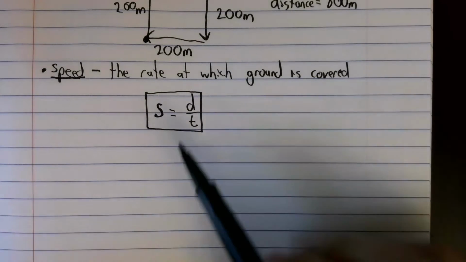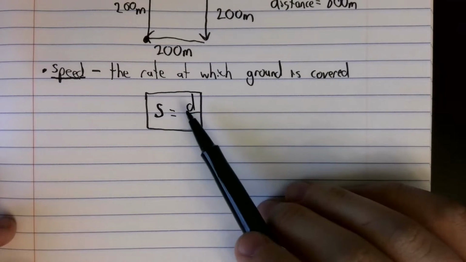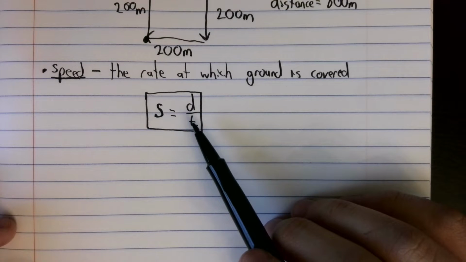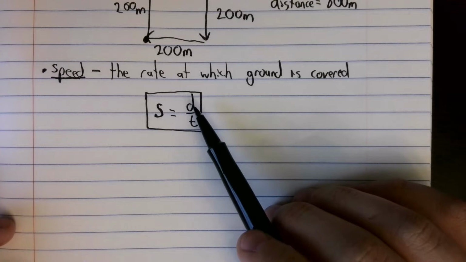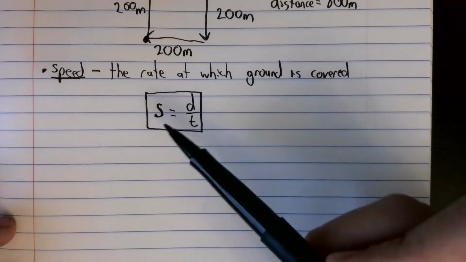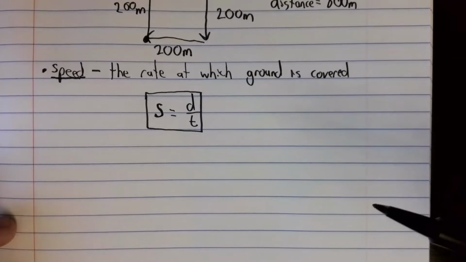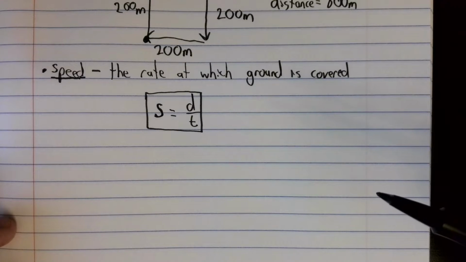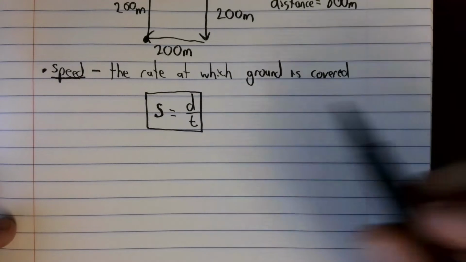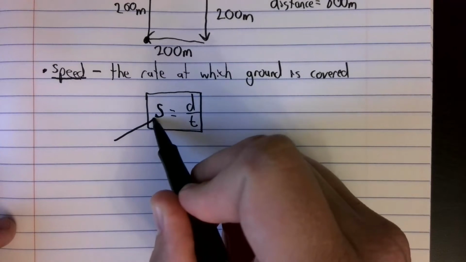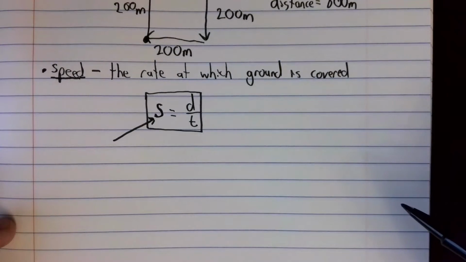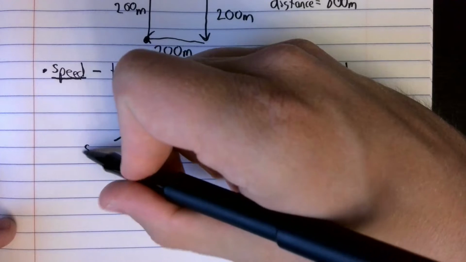Google Maps uses this equation to figure out how soon you'll get to a location. It figures out how far you need to go, and I think they're using an estimate of how fast you might be going. Anyway, what do these letters mean? S is technically average speed, but we're just going to call it speed for now.